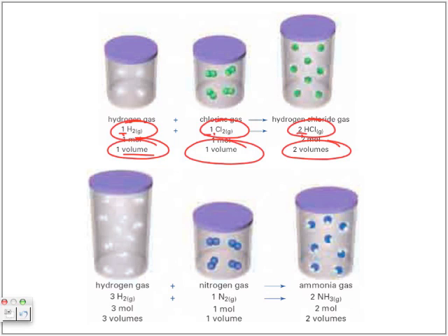We've got hydrogen gas combined with nitrogen gas to form ammonia gas. So if we look at the balanced equation, we've got 3 moles of hydrogen gas combined with 1 mole of nitrogen gas to form 2 moles of ammonia gas. Right?